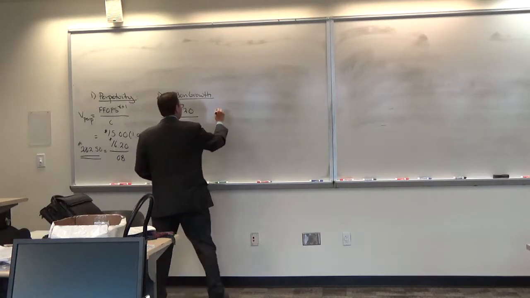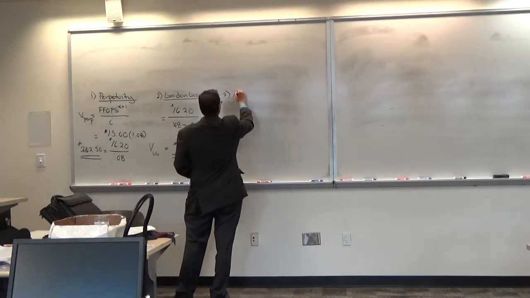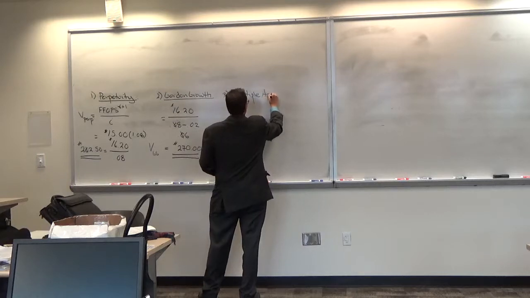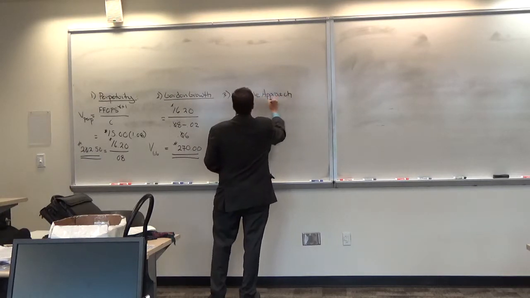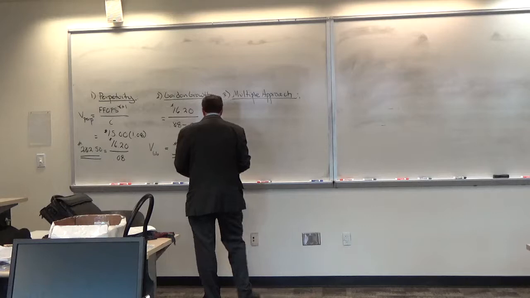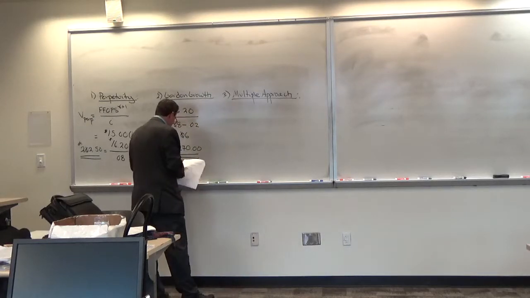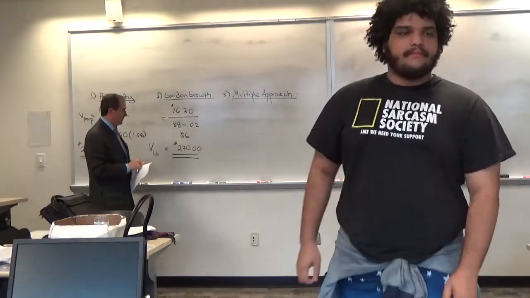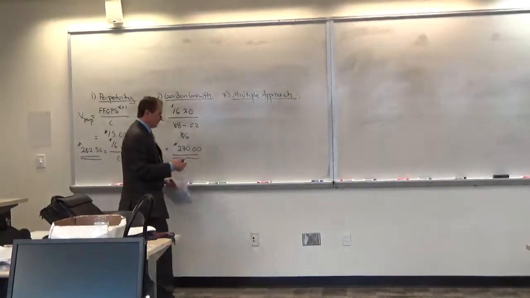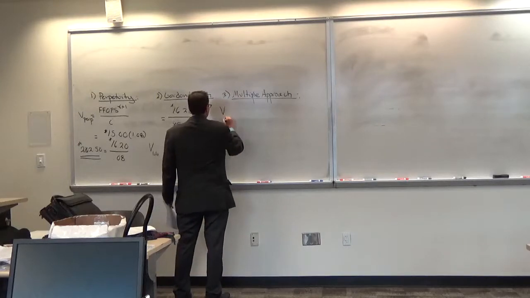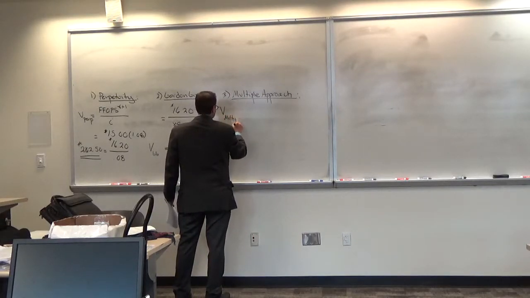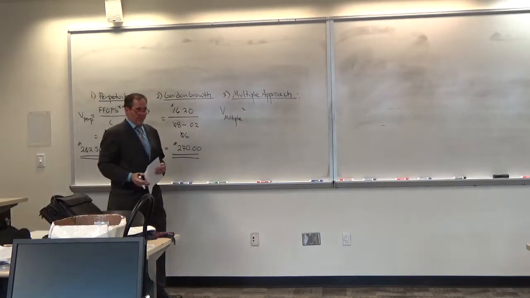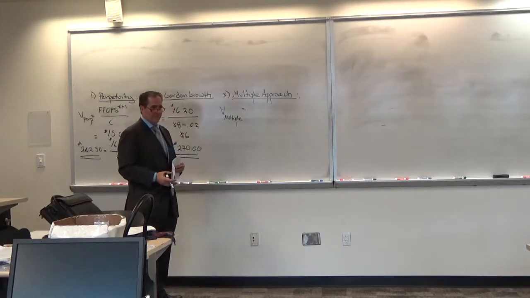What's the next model? And what's the math behind that? How do we calculate the intrinsic value using the multiple approach? Cash flow next year times multiple, got it.